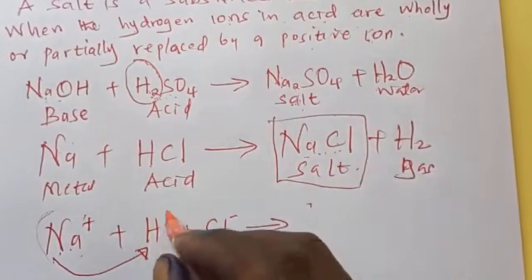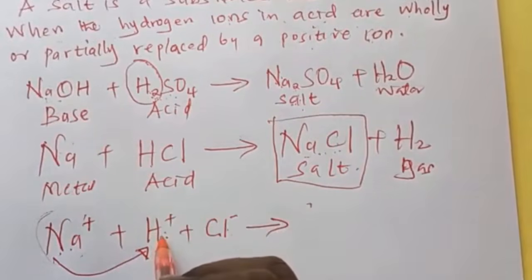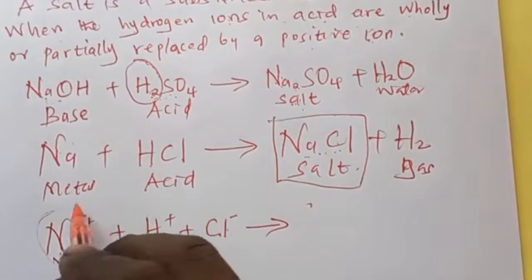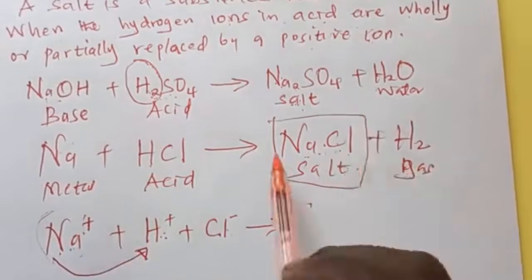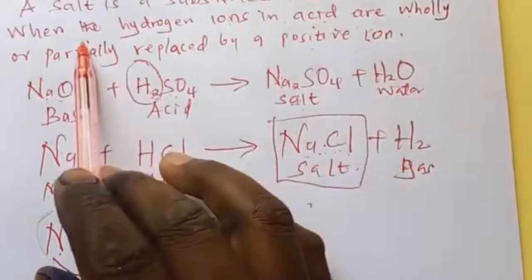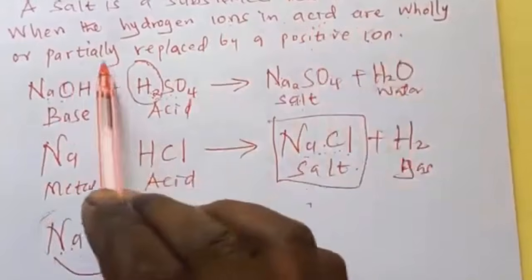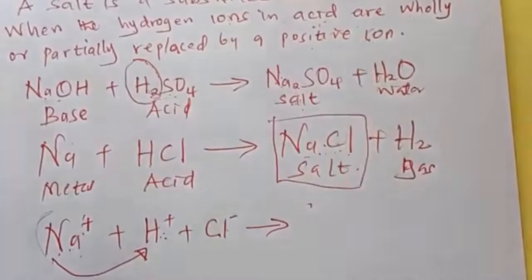So the hydrogen ions in the acid have been displaced, replaced by the sodium ion, which is positively charged, and then a salt is formed. So a salt is a substance that is formed when the hydrogen ions in an acid are wholly or partially replaced by a positive ion.